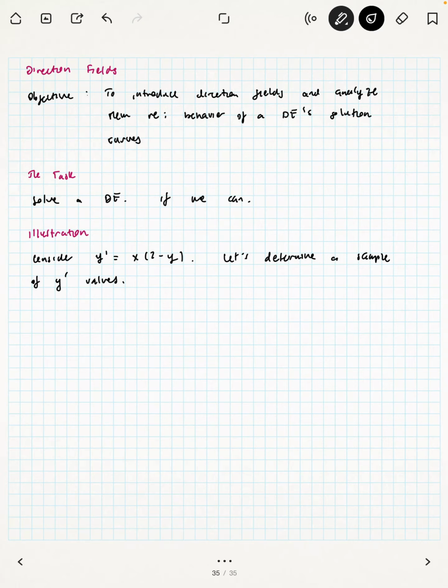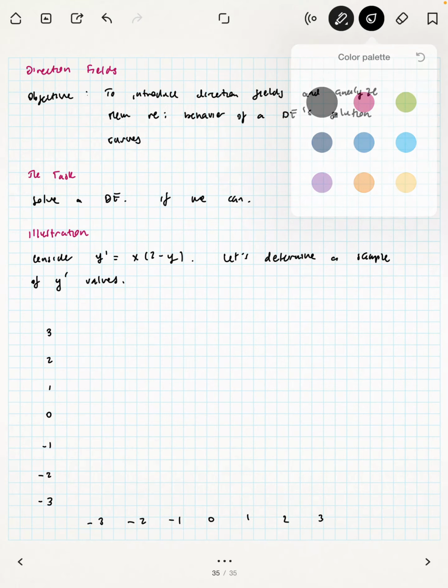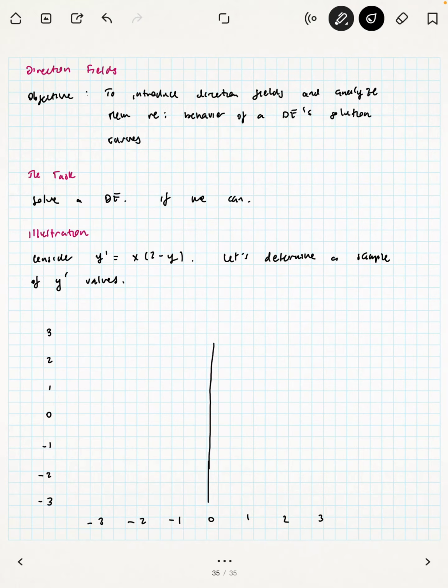So hopefully that'll give us some information about the shape at those values. So here's what we're going to do. I'm going to set up, as best as I can, a grid. And for each of these values, not all of them, but for a good amount of them, I'm going to try to find the y prime values, okay?